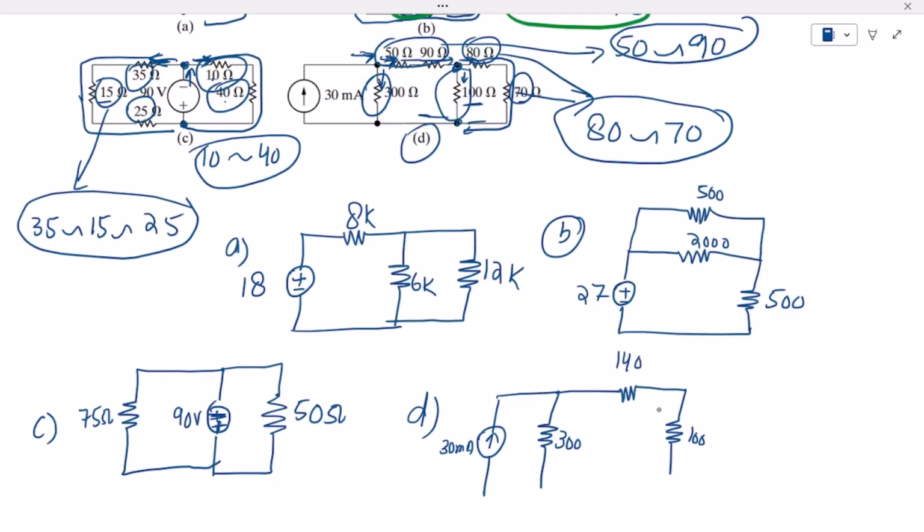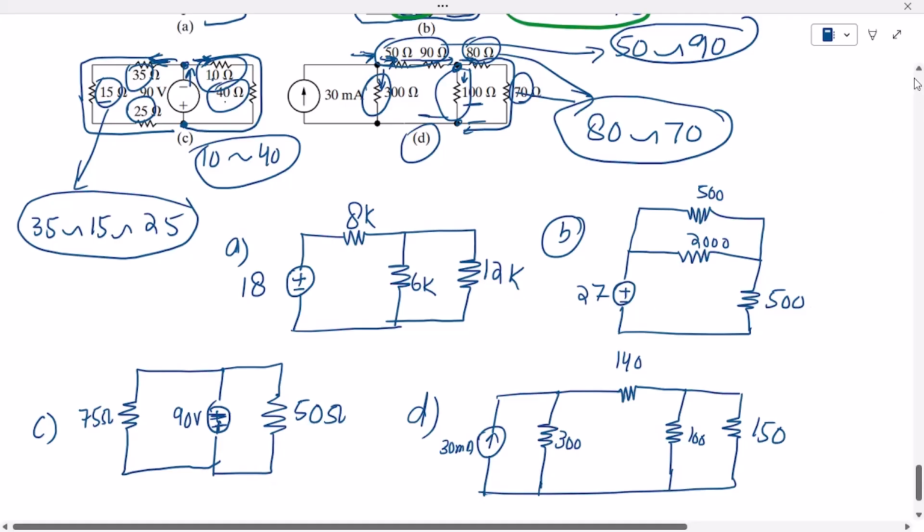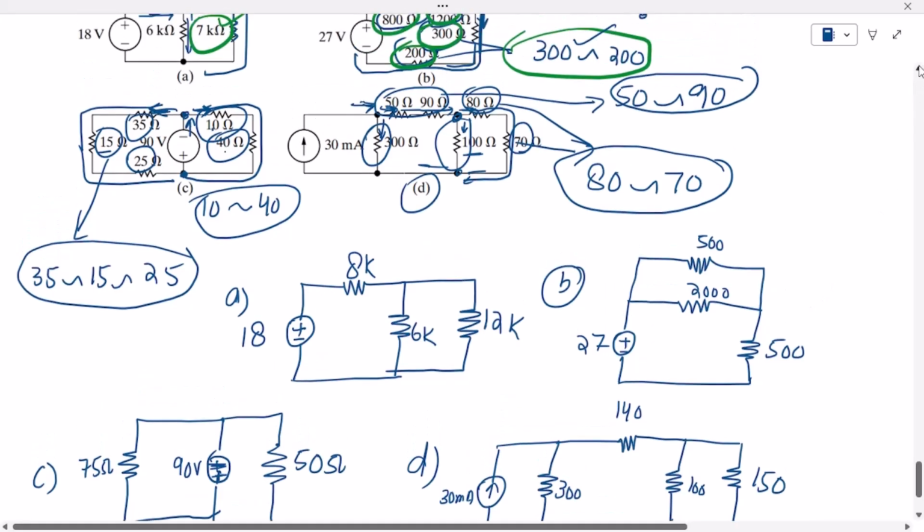And the other two resistors here, 80 and 70, are also in series, so 80 plus 70 is 150. So this is basically the equivalent circuit which we wanted to find out. That is the solution of question 3.3 part B.